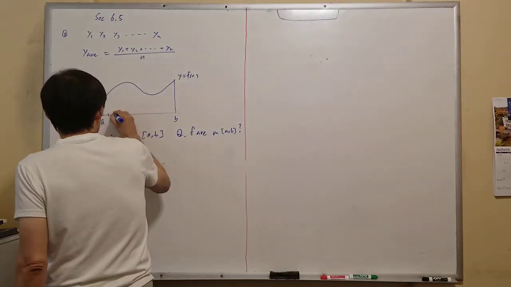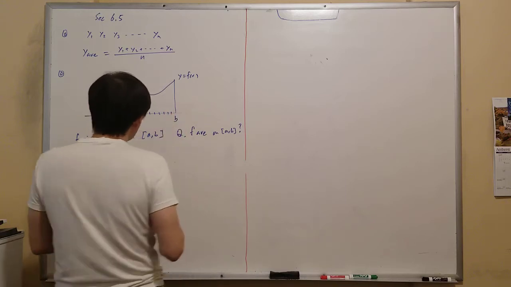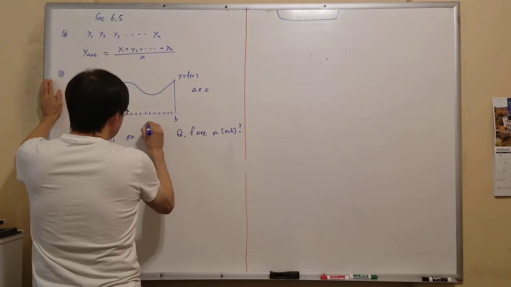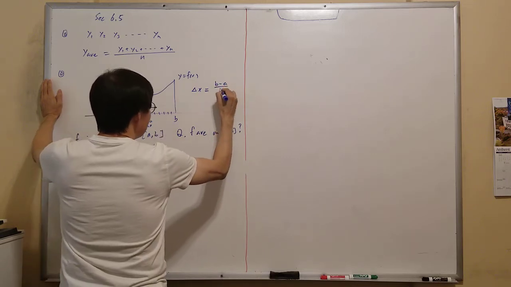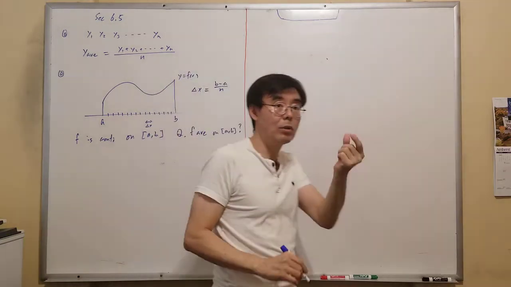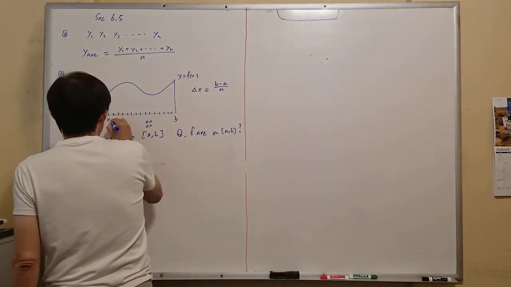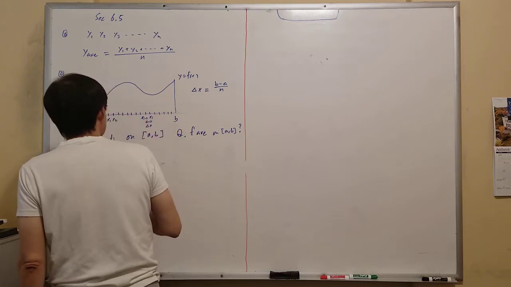Let's think about small subintervals. As usual, delta x, the size of each subinterval, is b minus a divided by n, with n equal-size subintervals. This is x1, x2, x i minus 1, x i.